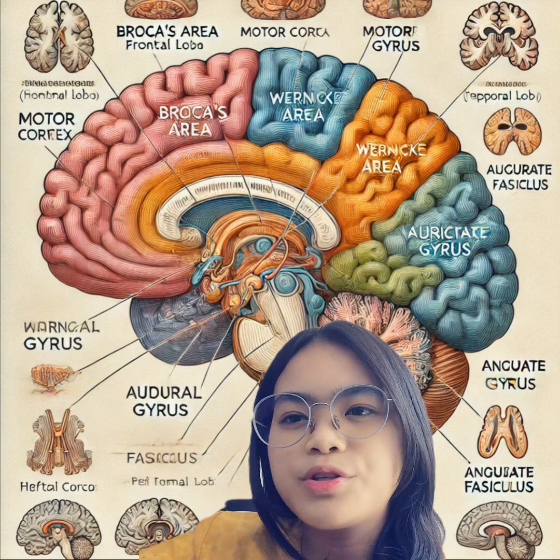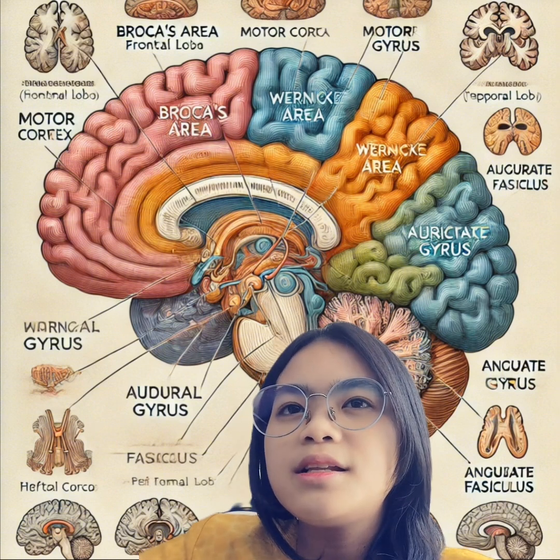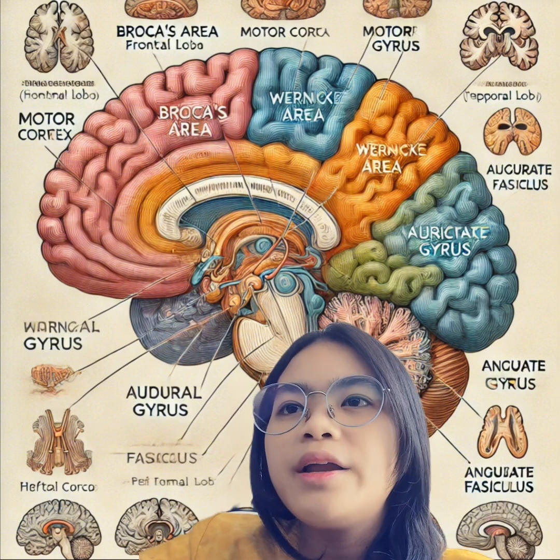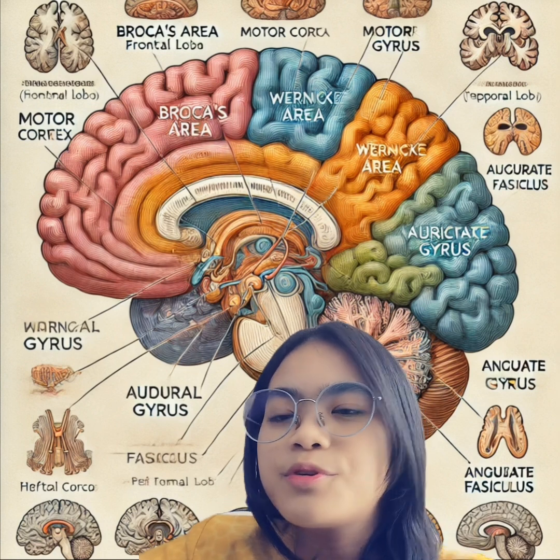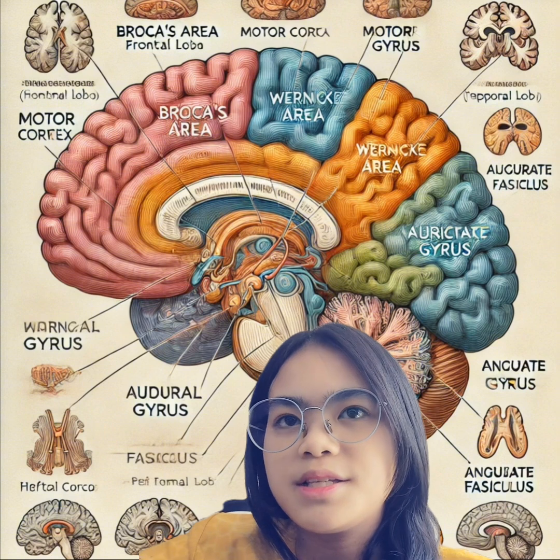which is for speech production. The location is the left frontal lobe, and the function is to help us produce speech fluently and form grammatically correct sentences.